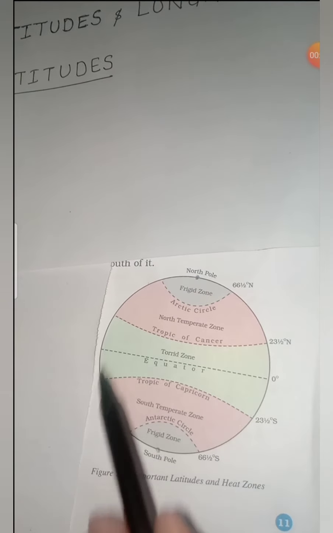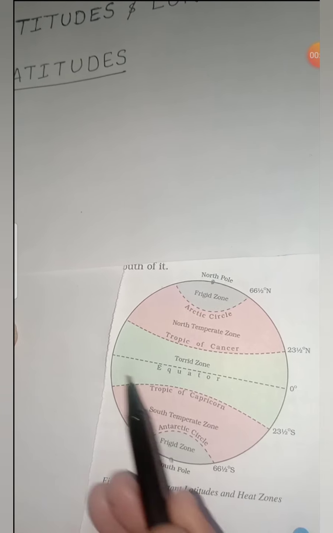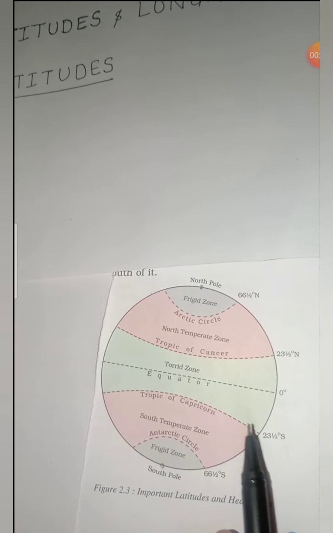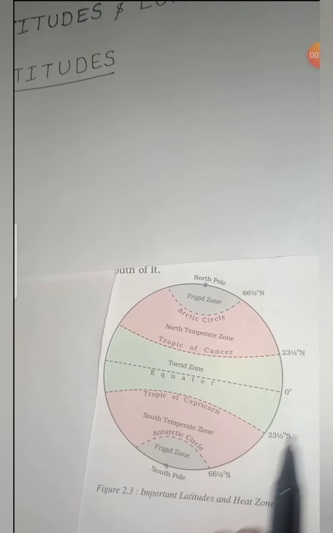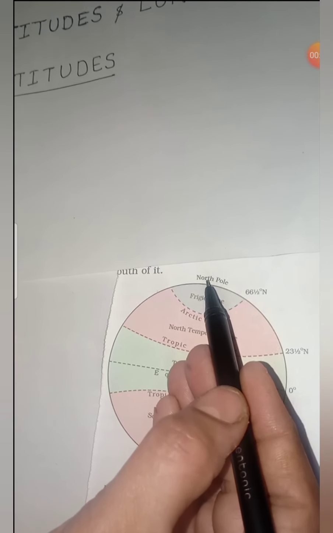The circumference of the earth is larger at the equator. As we move towards the poles, it decreases.